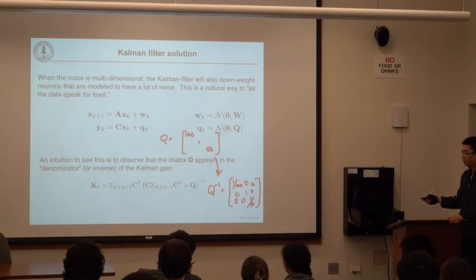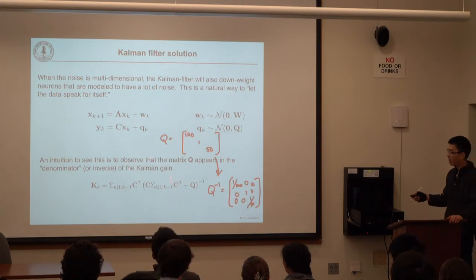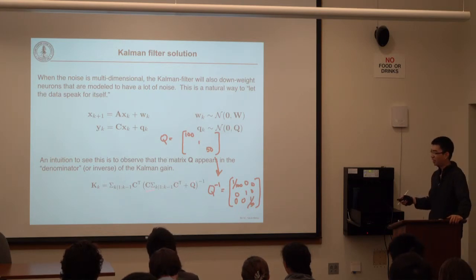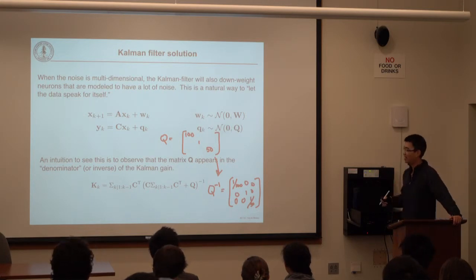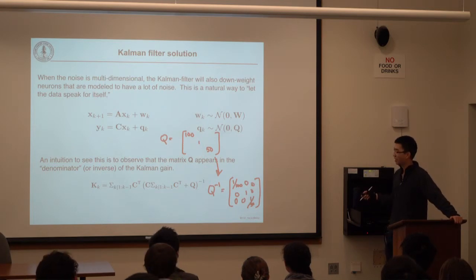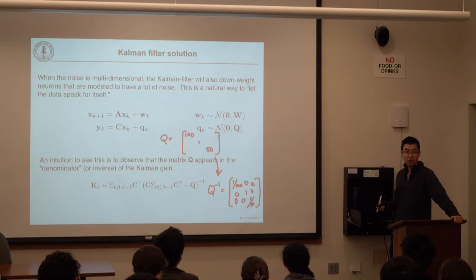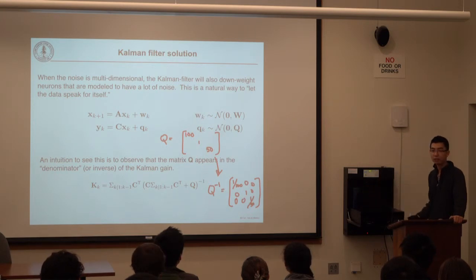It would upweight relatively the second dimension, and it would downweight the third dimension. All right, so whenever you see these negative 1s, you can think of this as dividing by these matrices, even though we don't actually do that because that's not a legal operation. It's something you can use as intuition to see that if you do have these large values of noise, those dimensions are going to be downweighted. Is that all clear to everyone?